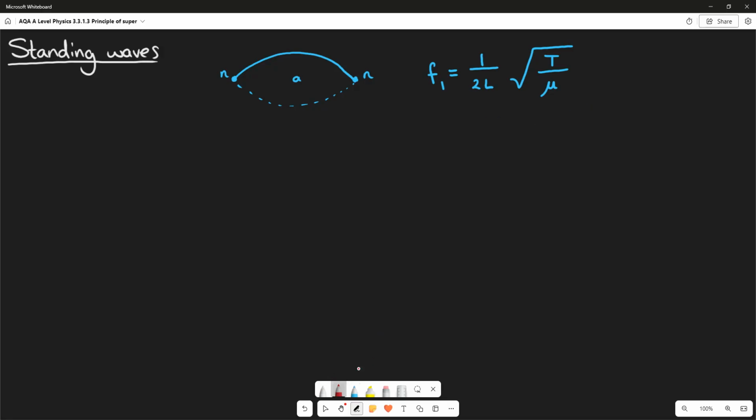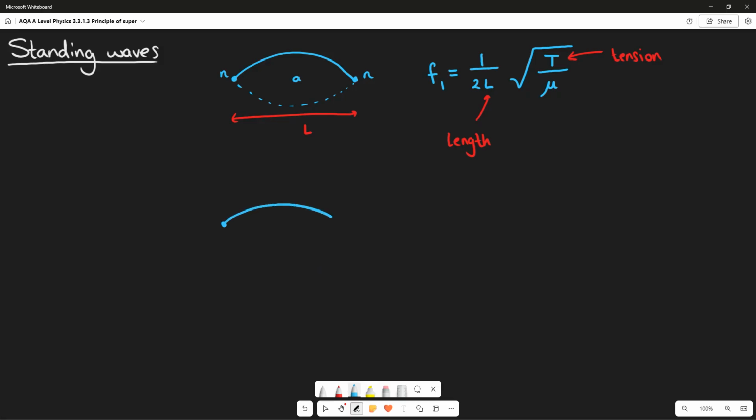So this L here is the length of the string, the length. We have the tension or the force on the string, and often when you're creating these standing waves, you have a fixed point here.